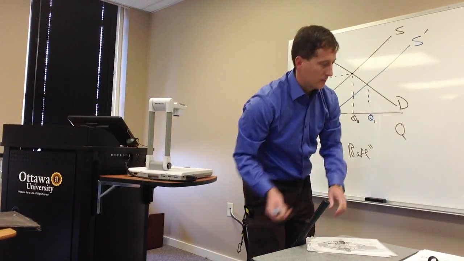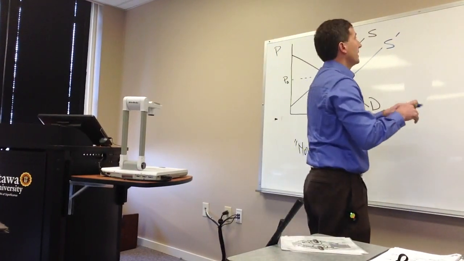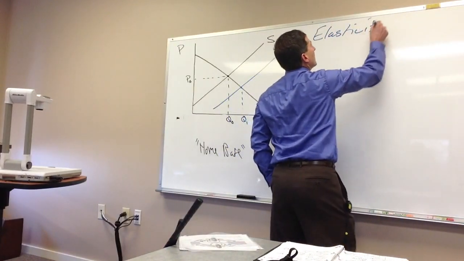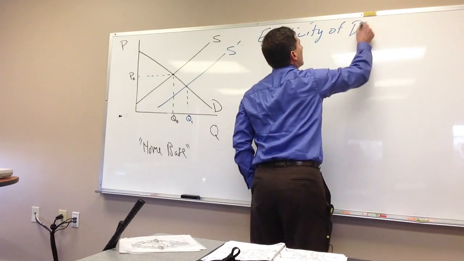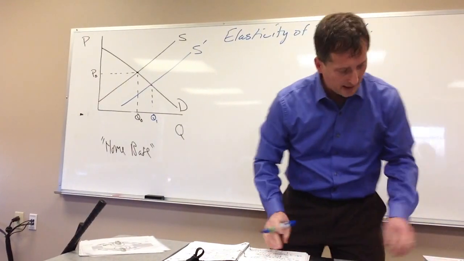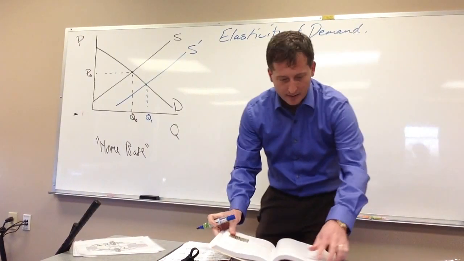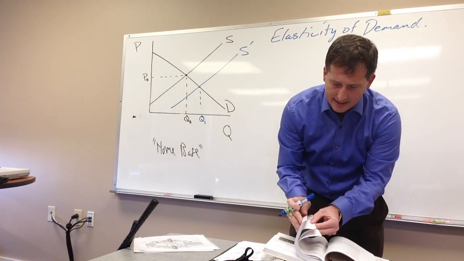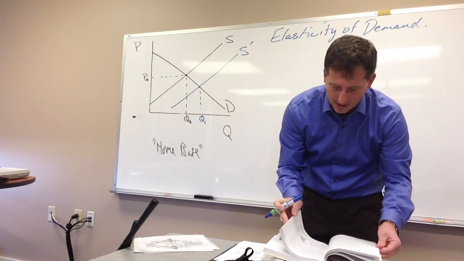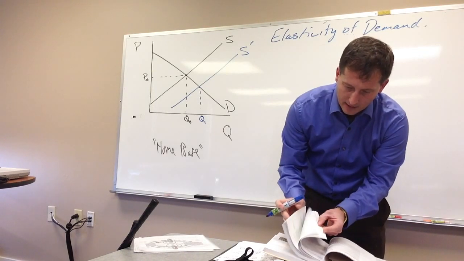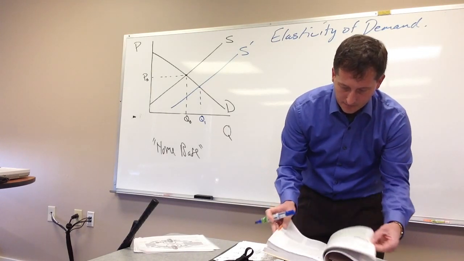So the elasticity of demand, and some texts use it differently, and I didn't look that carefully at this one. A lot of times it's the price elasticity or the own price elasticity. Let me give a quick check here.